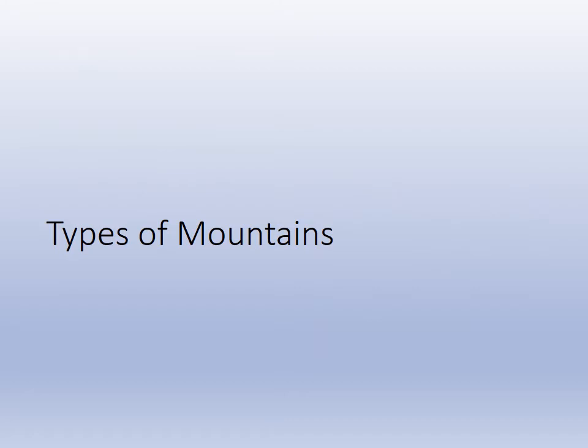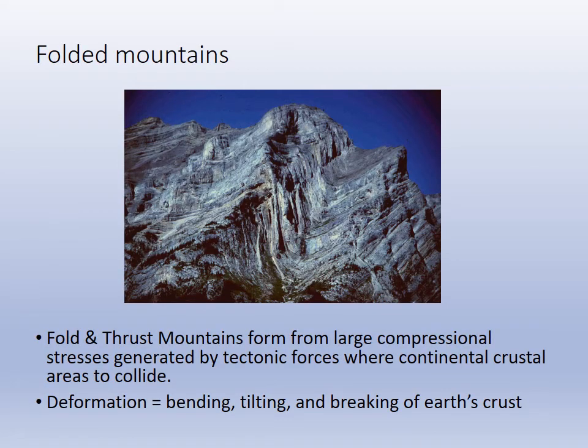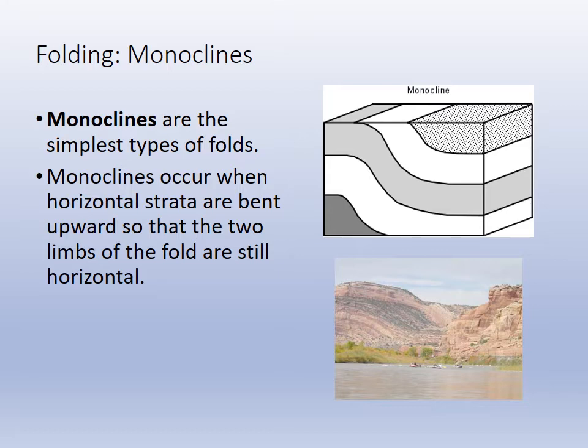We do have several types of mountains. Folded mountains are caused by compressional forces. You can see synclines and anticlines causing the bending and tilting of the Earth's crust. A monocline is rare, but it's one fold.